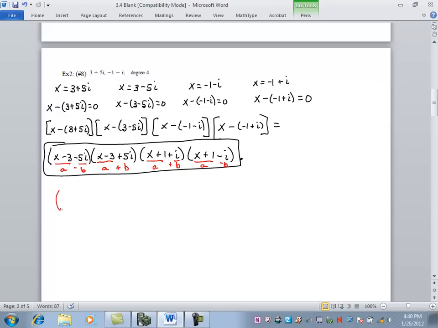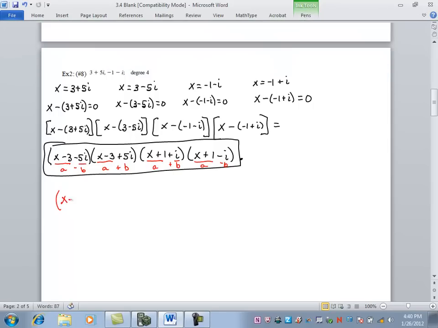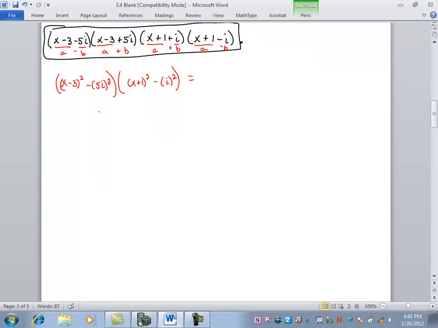So we could even go x minus 3 squared minus 5i squared times x plus 1 squared minus i squared, if we wanted to. Okay, we could even do that.